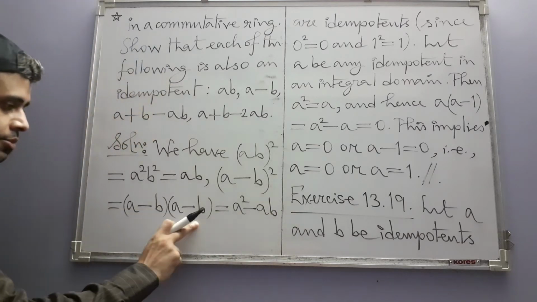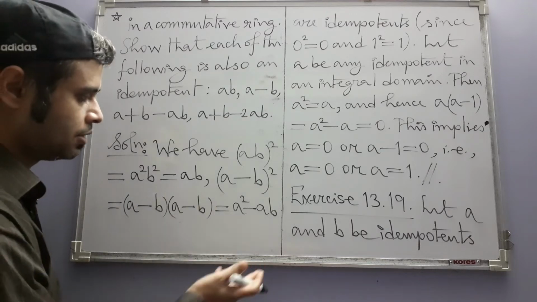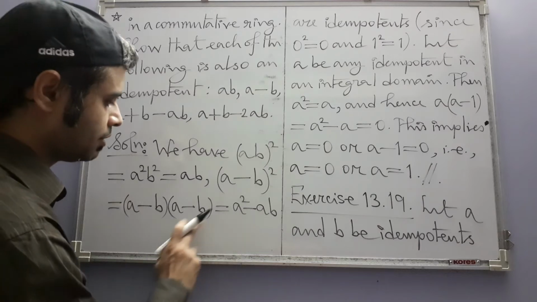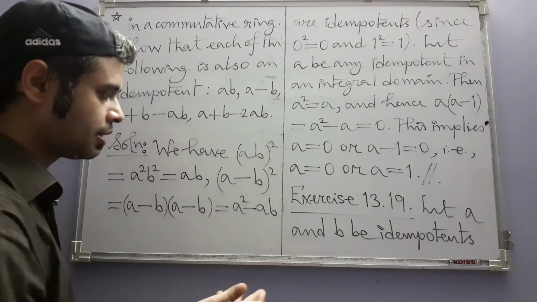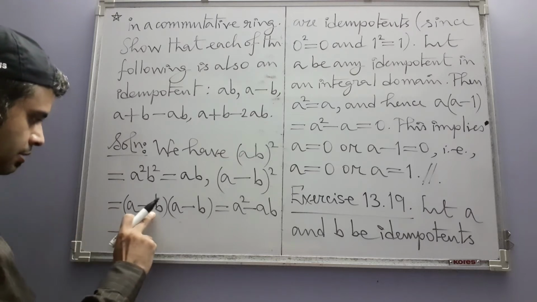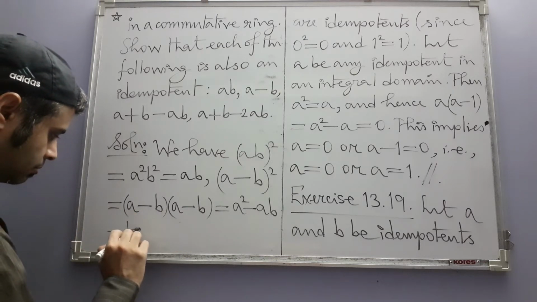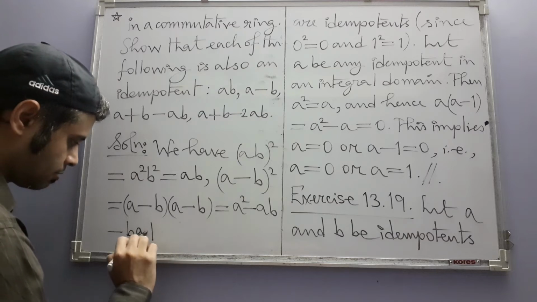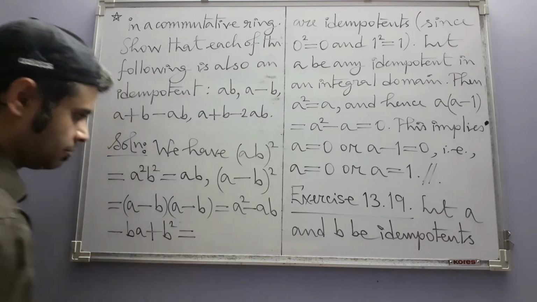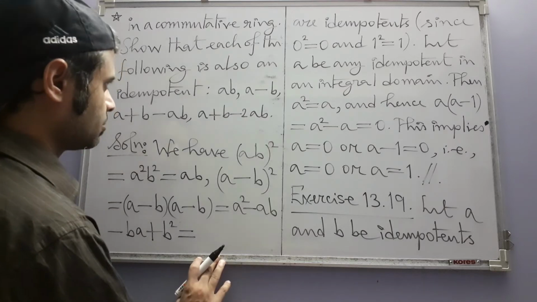Actually it is A times minus B, but because we are in a ring, we have all those properties, that A times minus B is minus of AB. Then minus BA. Minus minus we get plus B square.